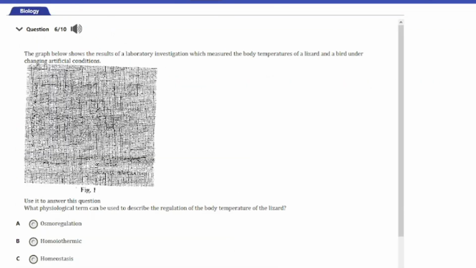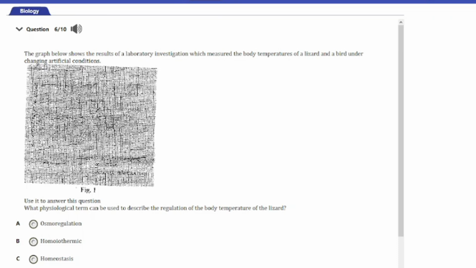The question says, the graph below shows the result of a laboratory investigation which measured the body temperature of a lizard and a bird under changing artificial condition. So use it to answer this question. What physiological term can be used to describe the regulation of the body temperature of the lizard?